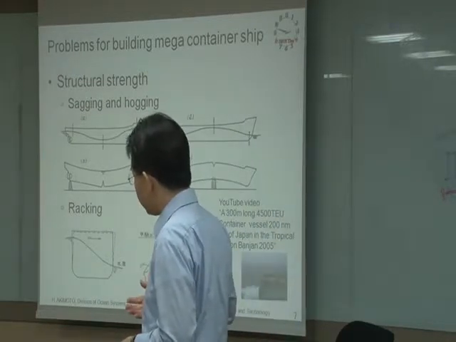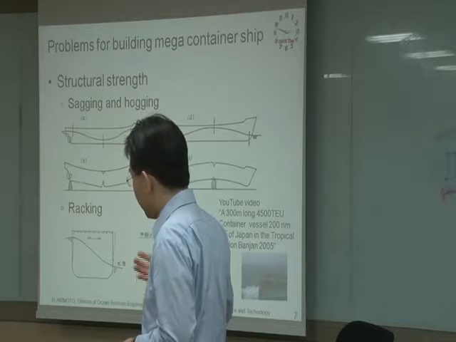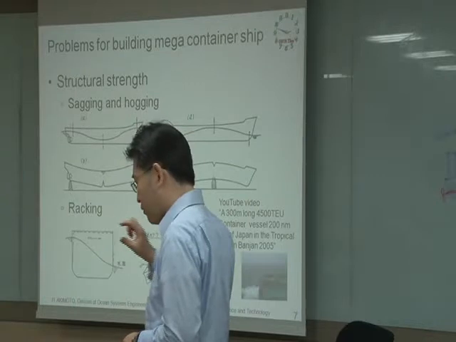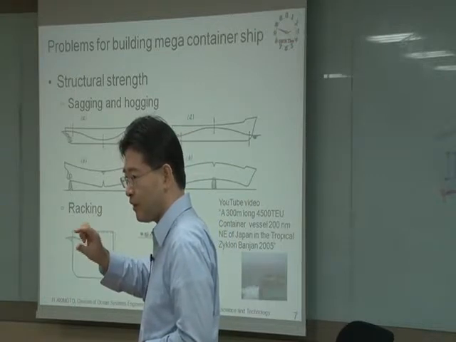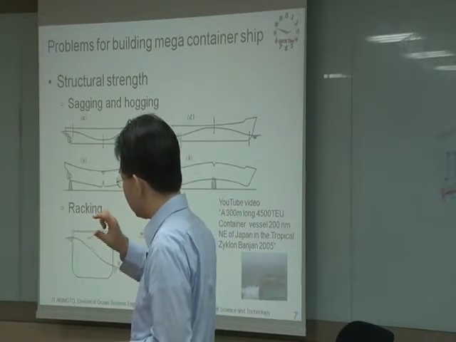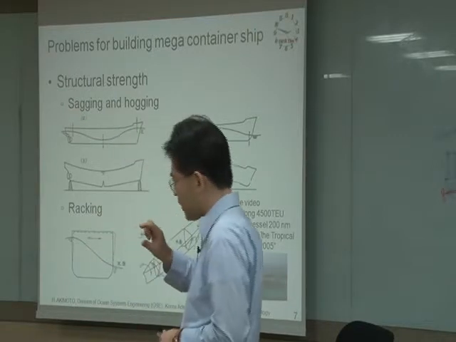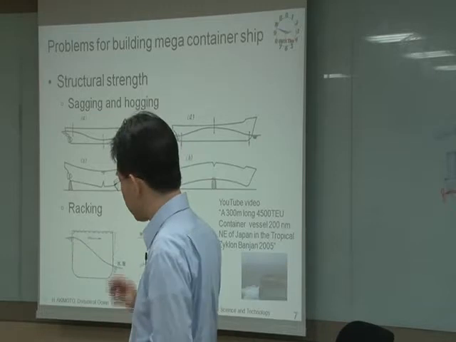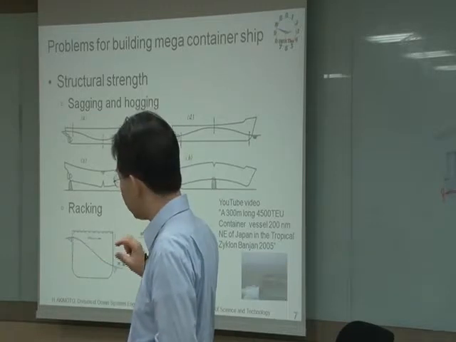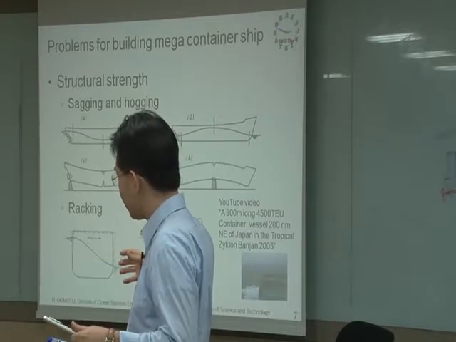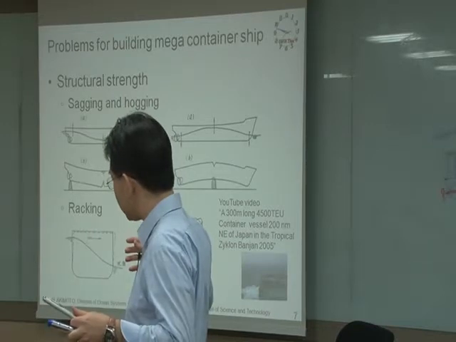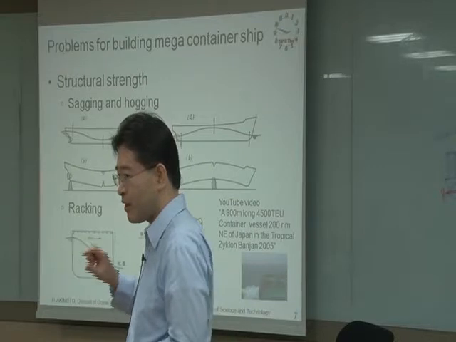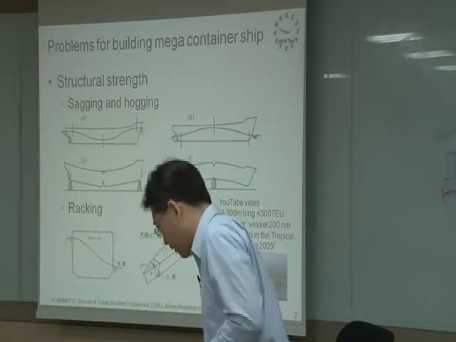Even when we build a ship twice as large, the thickness of the plate does not increase in the same ratio. It is not logical. So we want to build a large ship with thin plate as much as we can.